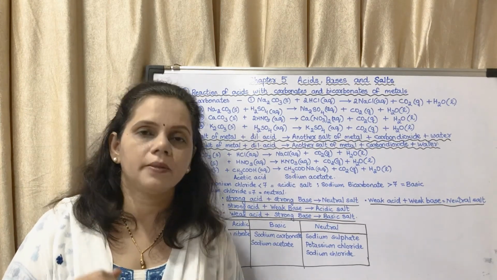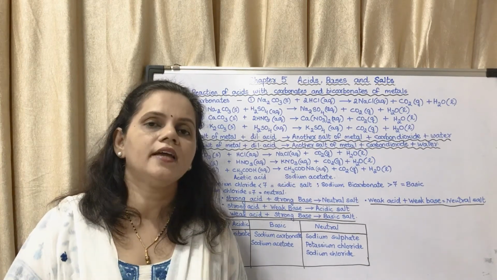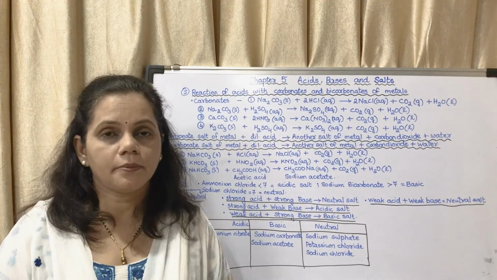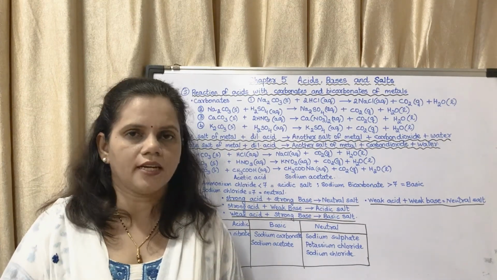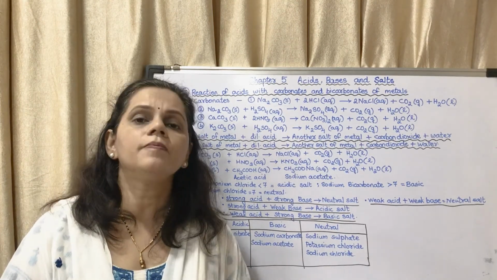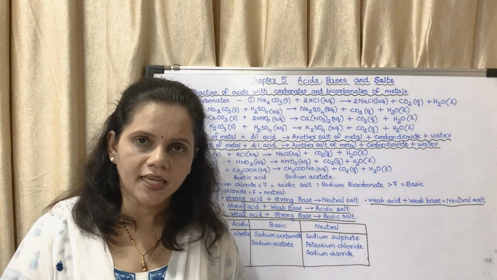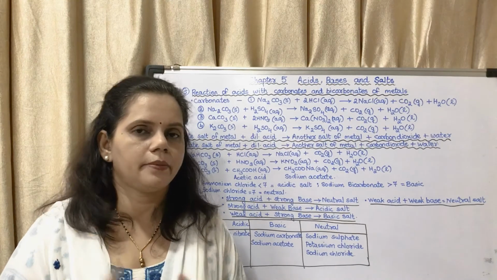You may remember this as long as you do chemistry. The confirmatory test for carbon dioxide gas: whenever you are doing any type of reaction and want to check what type of gas is produced, you may pass the gas through lime water. If the lime water turns milky, then the gas produced is carbon dioxide.